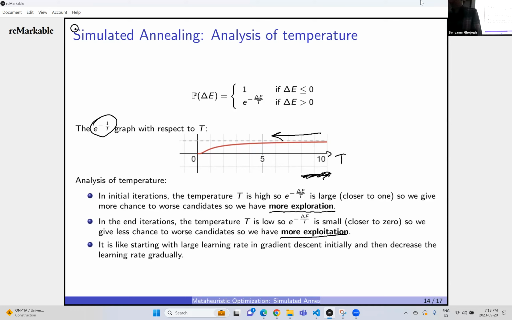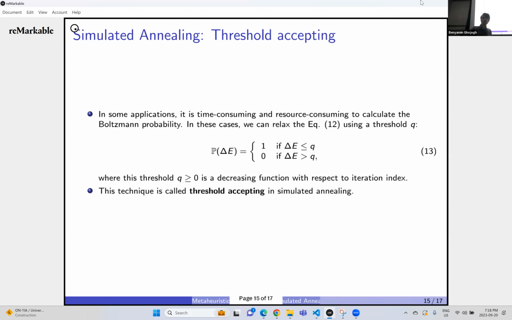Again, as I said, it's very similar to what we do in gradient descent and backpropagation. Initially, we have a high learning rate and we decrease the learning rate gradually. But someone might say, I'm very lazy, or it's hard for my computer to calculate the Boltzmann distribution, right?